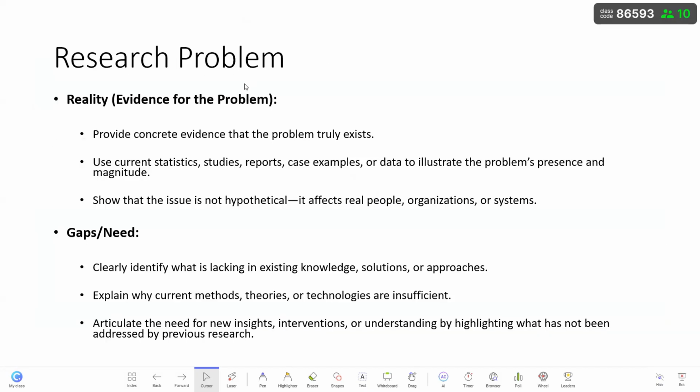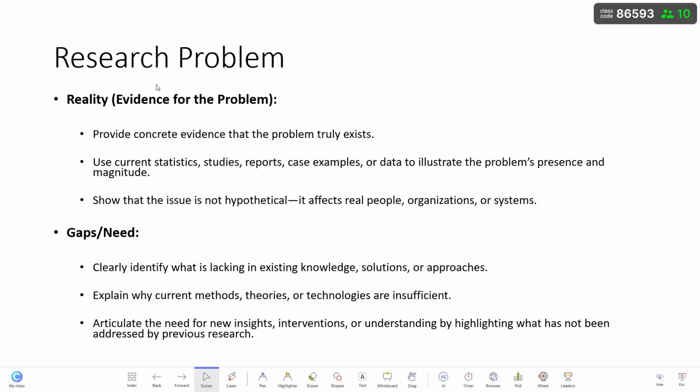So then what do you need to include in a problem? Once you identify, you realize, various types of problems to research, right? You simply identify a problem by observation.